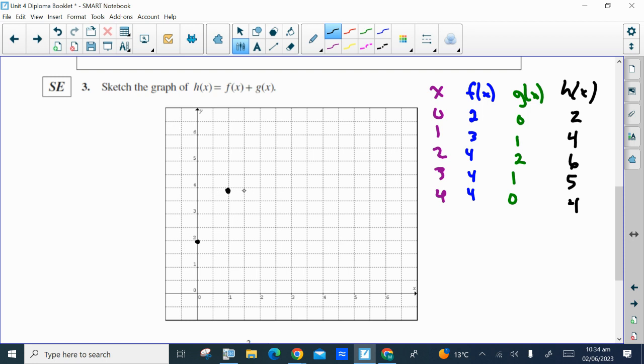The next point is 2, 6. Then 3, 5. And finally 4, 4. So here's the graph of h.